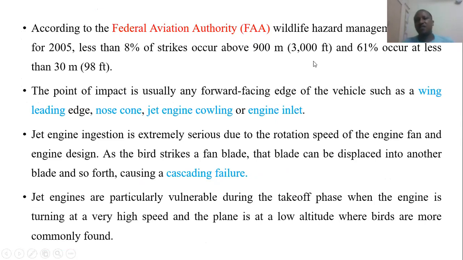According to the Federal Aviation Authority wildlife hazard management manual of 2005, less than 8% of strikes occur above 100 meters, which is 3,000 feet. The point of impact is usually any forward-facing edge.